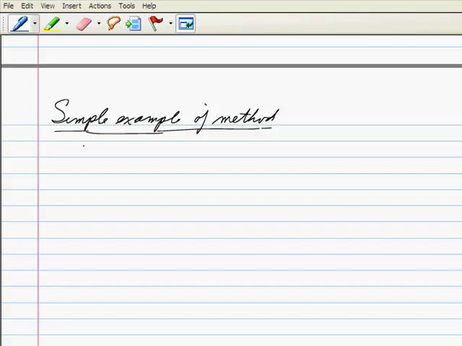Let's imagine we have a two-dimensional integral, Z is the integral dx dy e to the i S of x and y.